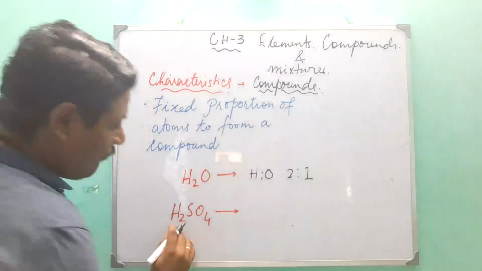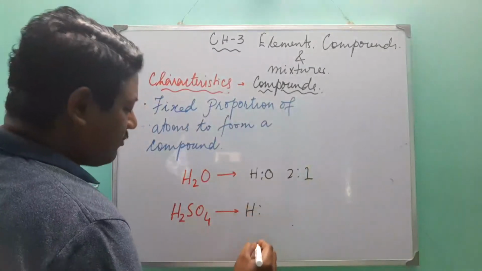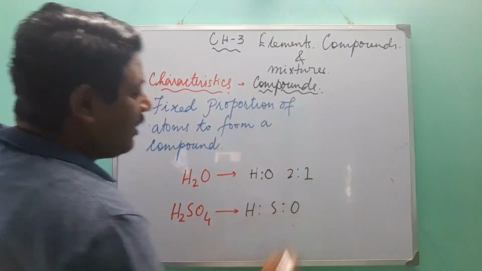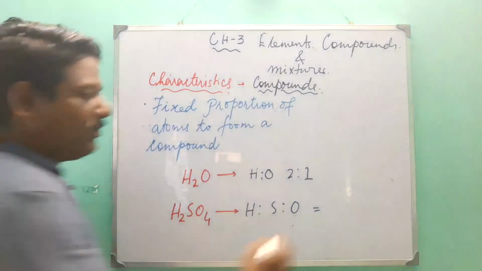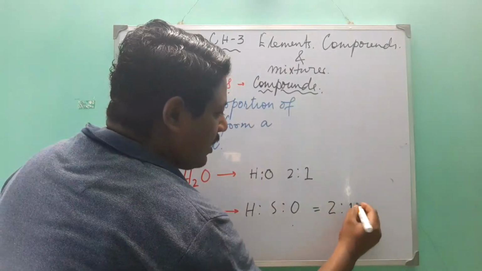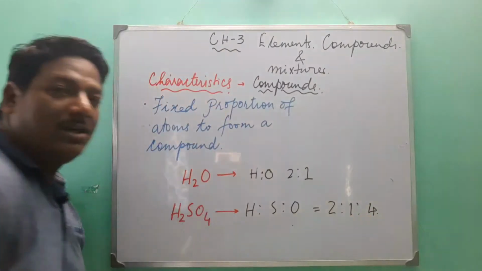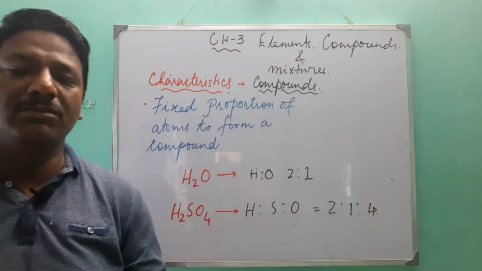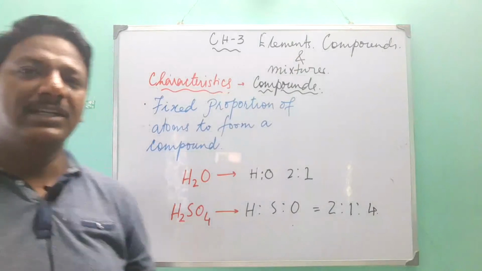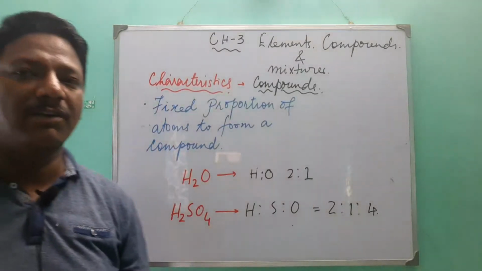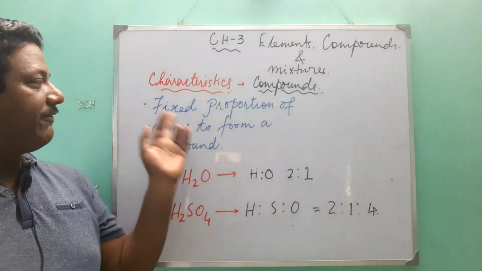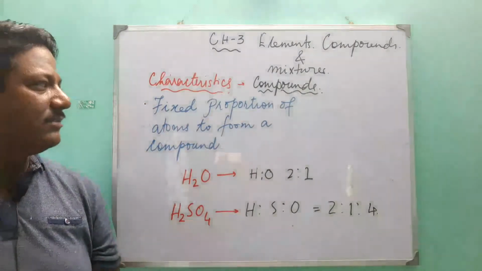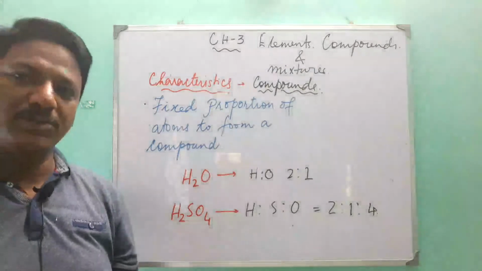Over here, in H2SO4, hydrogen, sulfur and oxygen, the combining atoms ratio is 2:1:4. So what do we understand? The third characteristic of a compound is that the elements combine in a fixed proportion of atoms to form a compound.